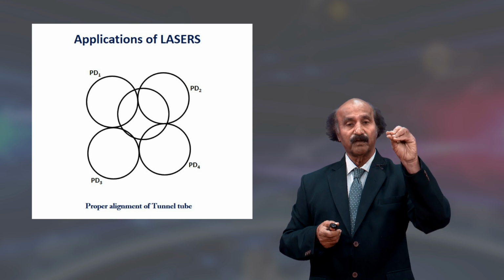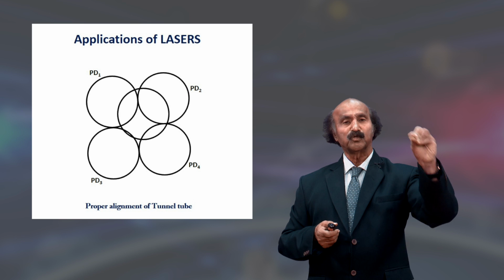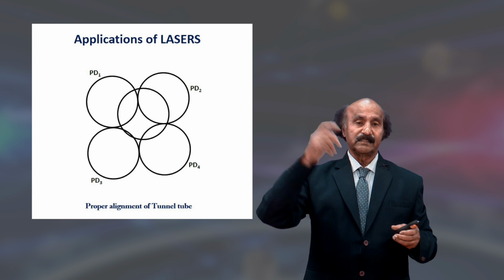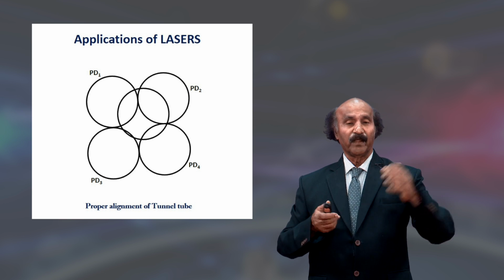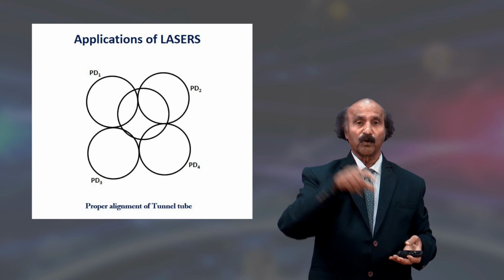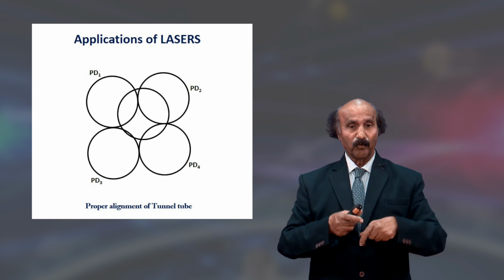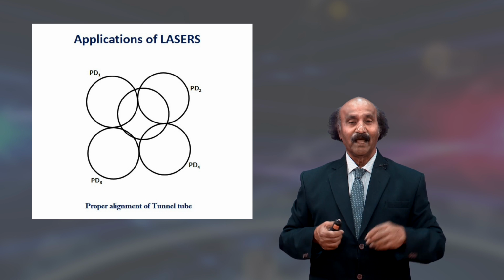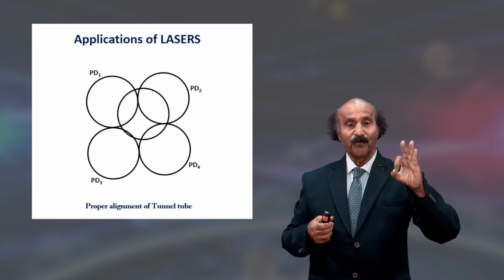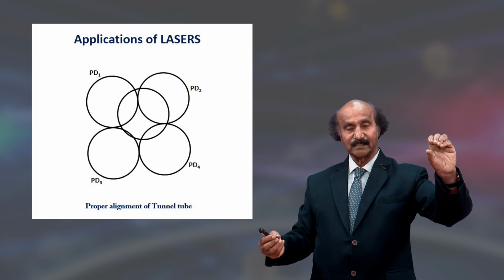When light falls on the left corner, it will respond and show some current. Now, what I have to do is put my tube with this 4-quadrant detector on the 4 equal sides. Then if the light is falling on this side more, it will show more current, this side less.